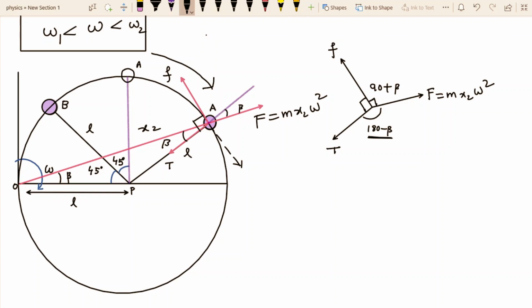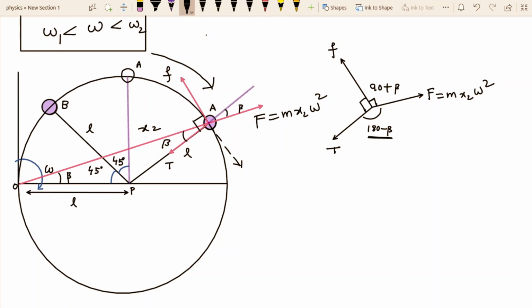Because here again we are getting an isosceles triangle. OPA is an isosceles triangle because OP and PA are equal and they are of the same length, so the opposite angles are also equal. So if this angle is beta, automatically this angle is also beta, and the angle between the centrifugal force and the tension is 180 minus beta.